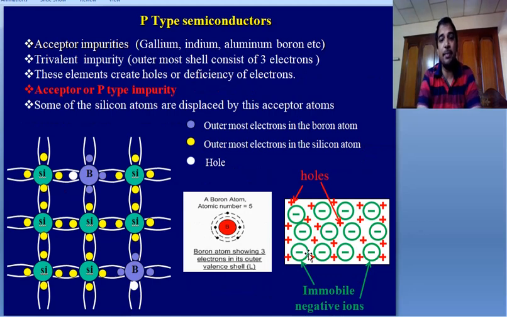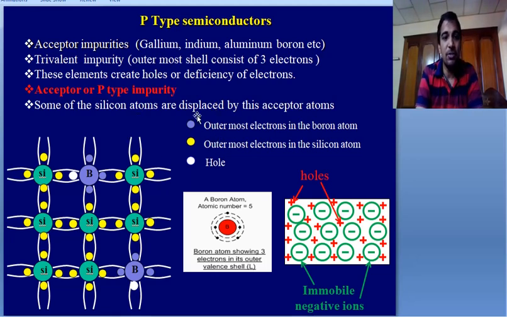Next, P-type semiconductor. If you add trivalent impurities to this pure semiconductor, we can get P-type semiconductors. P means positive, and N means negative. P-type means the positive charge carrier concentration is more.